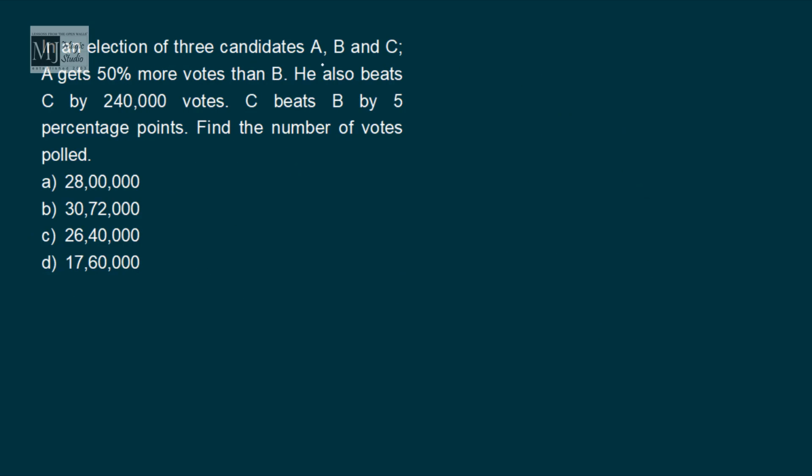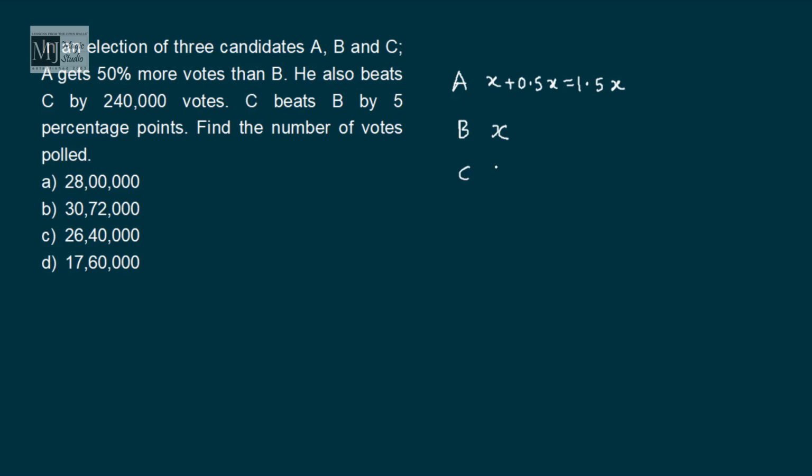In an election of 3 candidates A, B and C, A gets 50% more votes than B. Suppose B gets x votes, then A gets 50% more. That means x plus 50% more, that would be 1.5x. He also beats, he means A, C by 240,000 votes.